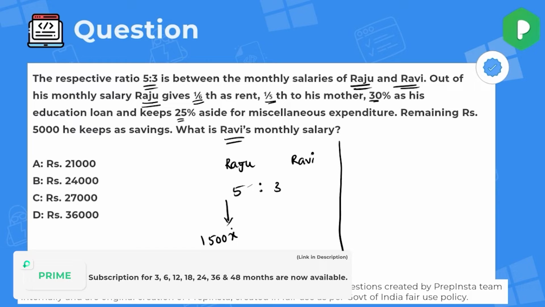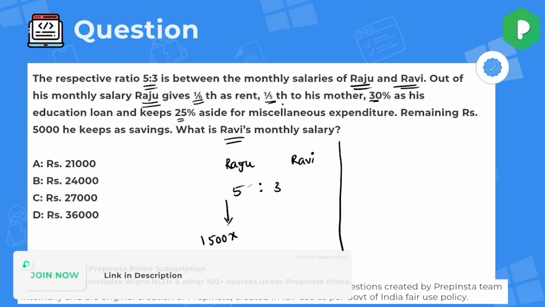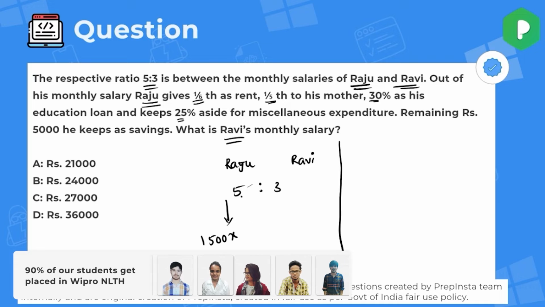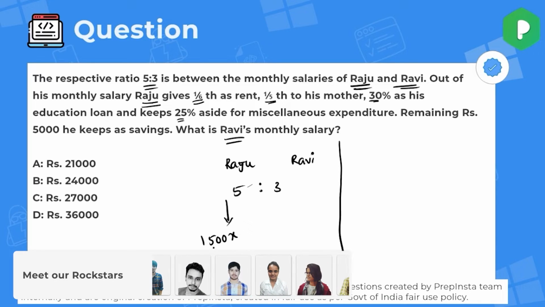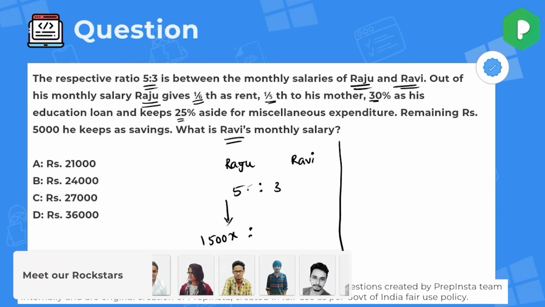It will make me more comfortable to calculate the answer. Because you have to take the LCM of 6, 5, 30% and 25%. 6 fives are 30, and 5 multiple again. So I am taking 1500, which looks good for calculations. 1500x is the salary of Raju.